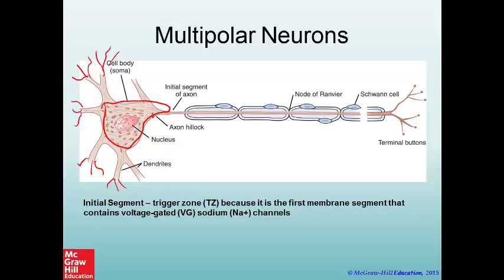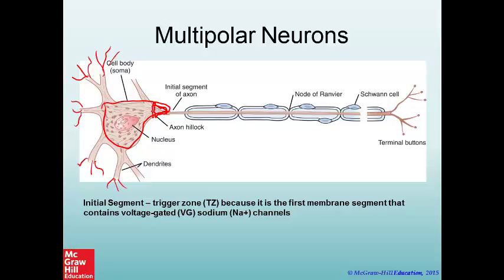In that area that you can see in the microscope where the soma becomes the axon, where the axon grows off of it, it's referred to as the axon hillock.